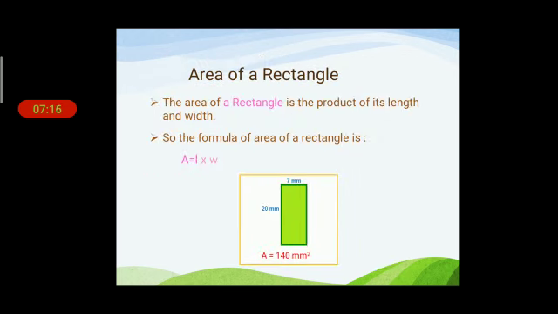And if we look at the area of a rectangle, the area of a rectangle is the product of its length and width. If we look at the figure here, the length is 20 millimeter and the width is 7 millimeter. So, the area will be 140 millimeter square.